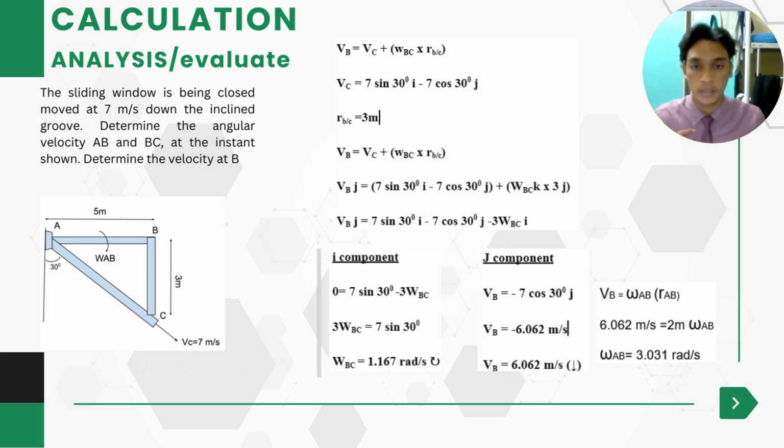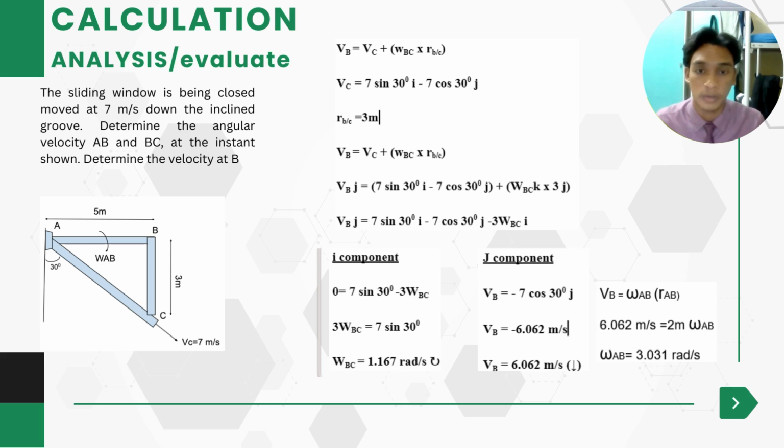After we gathered some information useful for our calculation, let's continue putting the VC information into the velocity equation. You can see in the slide that VB equals VC plus omega BC times RBC.